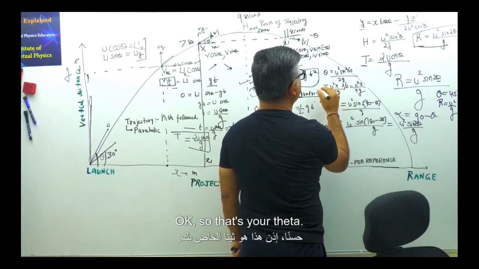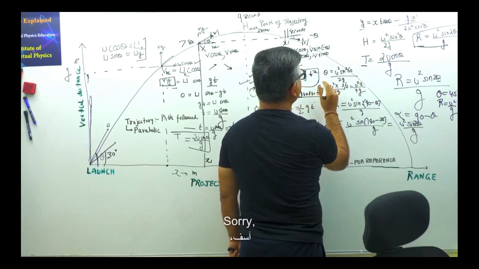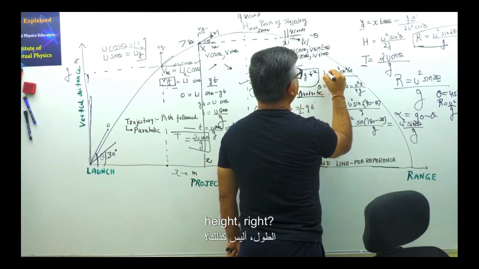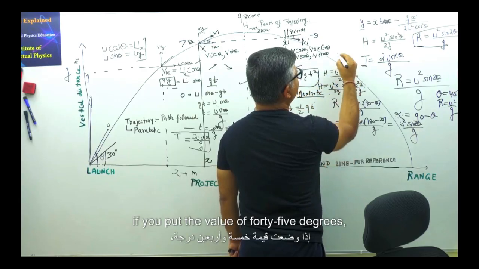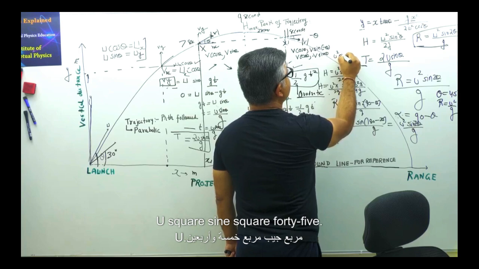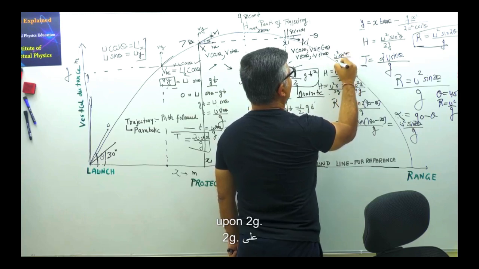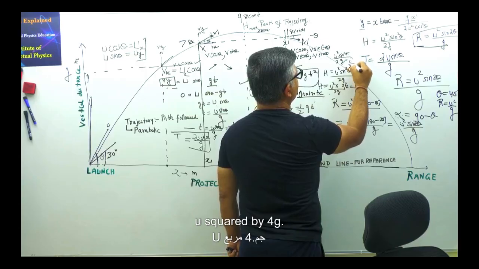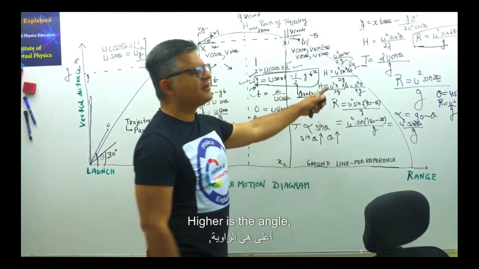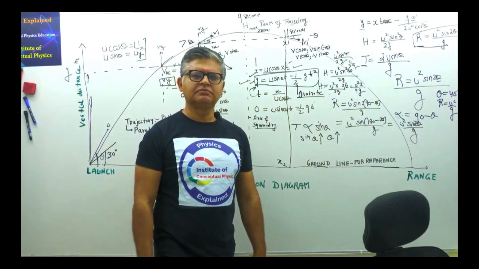Okay, so that's your height, right? If you put the value of 45 degrees, u square sine square 45 upon 2g. So this is going to be u square by 4g. Higher is the angle, more is the height.